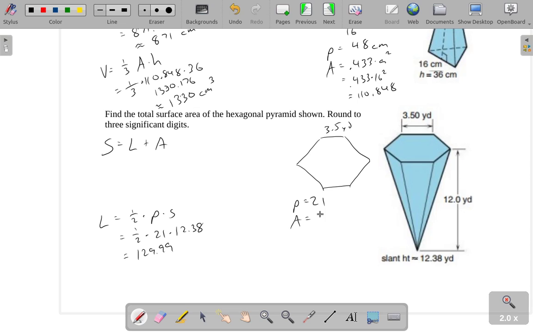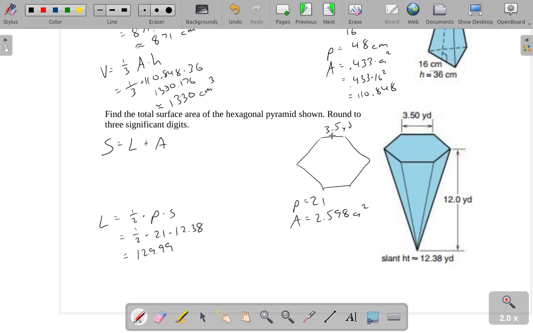The area of the base, alright, well this is a hexagon. Let's see, the area of the hexagon, if I recall, is 2.598 a squared. I have to go look this up. Yeah, that's correct. I'm just pulling that directly from my formula sheet. So the area of the hexagon is 2.598 a squared.